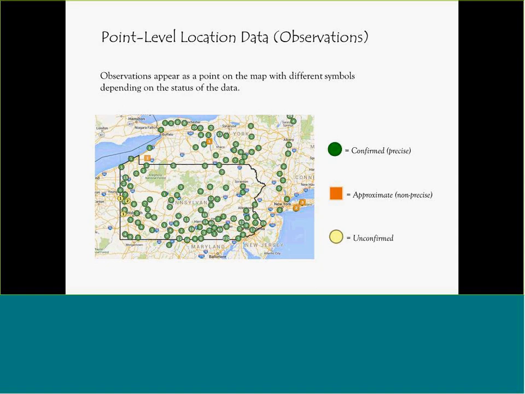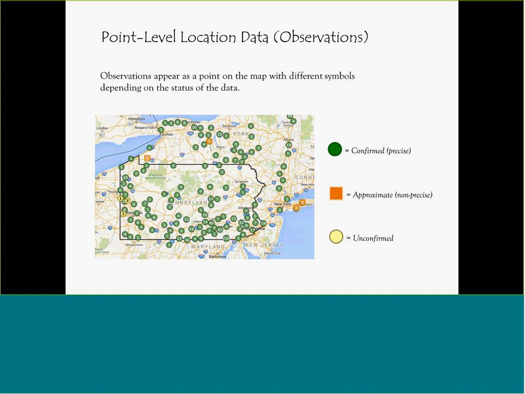But it's still really important to document because, for example, if it's a high-priority invasive species and we want to know where this species is being found, even an approximate record is going to be really helpful.